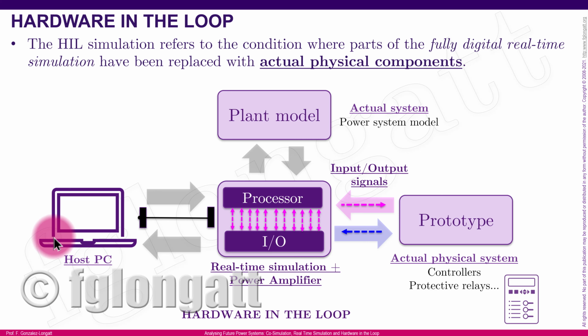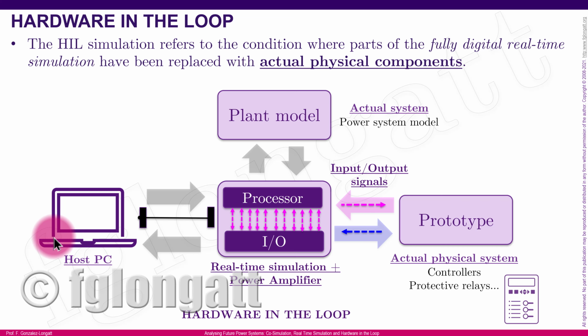In the hardware in the loop, we have the closed loop, where we have the real-time simulator sending signals to and receiving signals from an actual physical device. To be honest, this is the most realistic simulation that you can do, specifically if you are trying to assess times related to controllers, or for instance, my favorite, protection relays, okay?